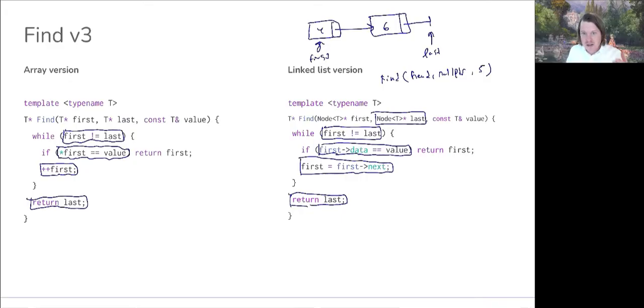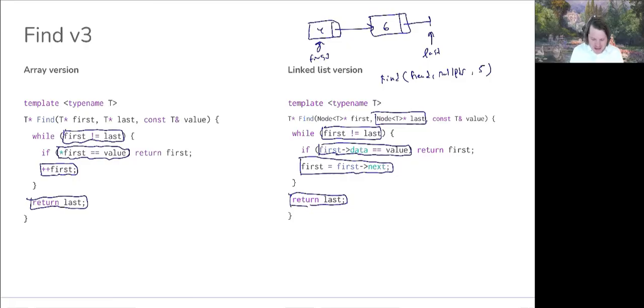Likewise, what's actually governing the traversal process? The array version is simply pointer arithmetic because each element in an array is adjacent to the next. However, when it comes to our linked list, these nodes are scattered all over dynamic memory. So in order to get to the next one, we can't just perform some sort of offset, but we actually have to follow that next pointer.